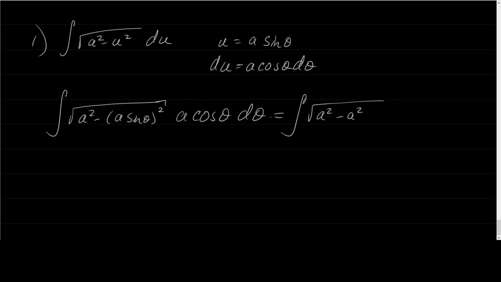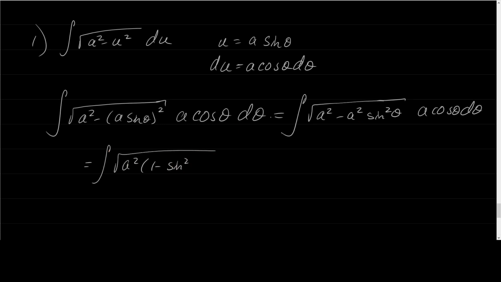So I end up with a squared times sine squared theta, and then with an a cosine theta d theta. And now I can factor out an a squared inside that radical, so I have a squared times 1 minus sine squared theta. Well, I'll leave the a in there for now. A cosine theta d theta.